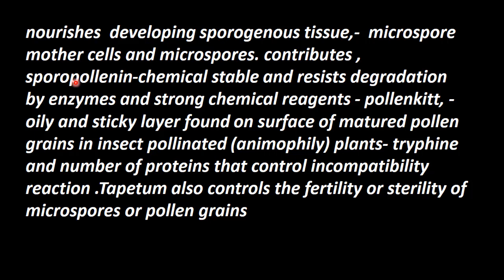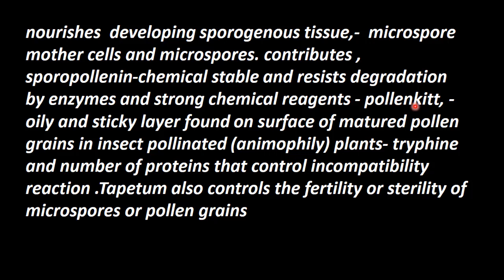It is a substance seen in the wall of the pollen grain, which is chemically stable, chemically inert, and resists degradation by enzymes or by strong chemical reagents like acids or alkalis. This is the known biological compound which is so inactive, so strong. Okay, this is one. Next is pollenkitt.